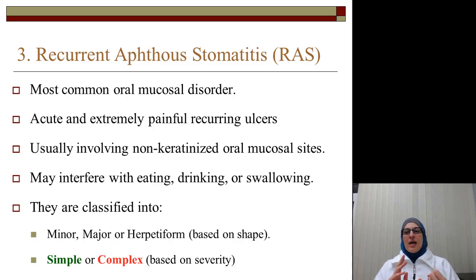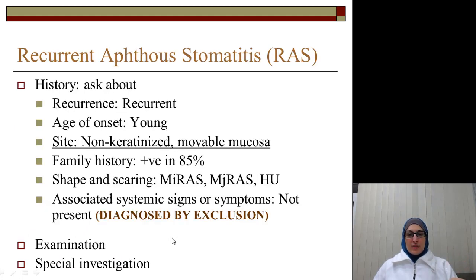The ulcers could be the major type, they recur very frequently and are really resistant to treatment, giving the patient a very hard time. Based on the shape or type of the ulcer, we classify it into minor, major, or herpetiform, which we will see photos of later on.